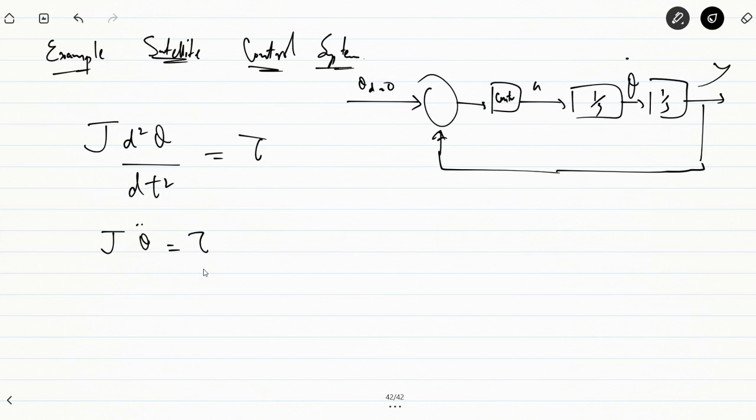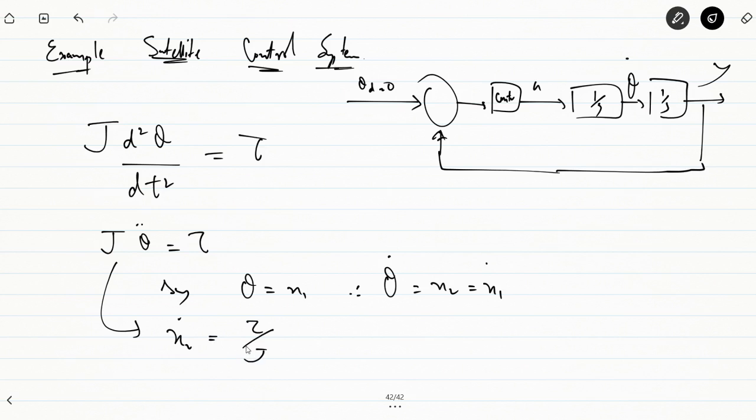So what you can do is you can now say theta is equal to x1, therefore theta dot will be equal to x2, which is x1 dot. That means from this equation x2 dot will be equal to tau divided by j. Fine.